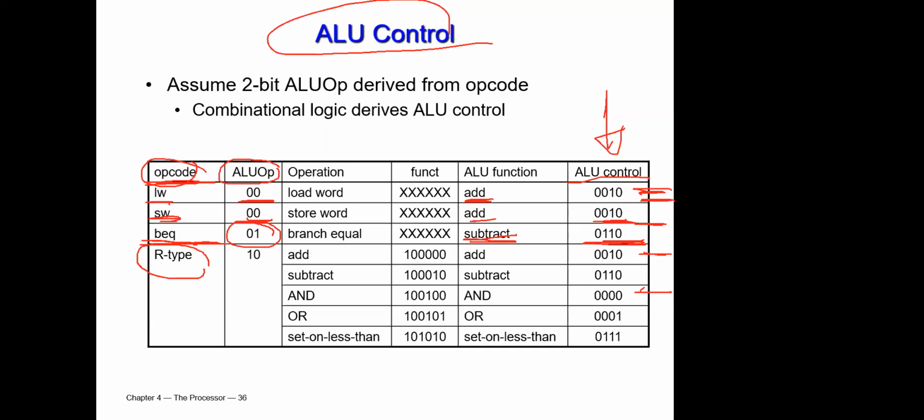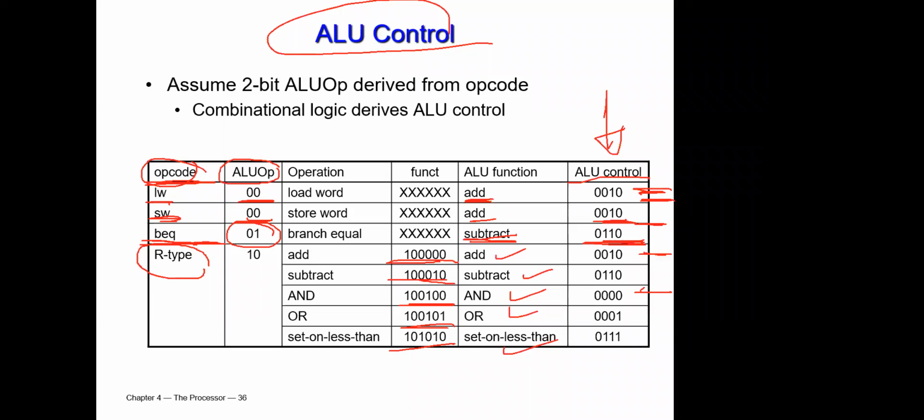Yes, I have to go and look at the last 6 bits of that instruction and then decode. Okay. If that function is like that, this means that it is add. If that function is like that, it is subtract. If that function is like that, it is AND. If that function is like that, it is OR, and so on and so forth. Again, you don't have to remember all of these values. Yes, it will be given if needed.